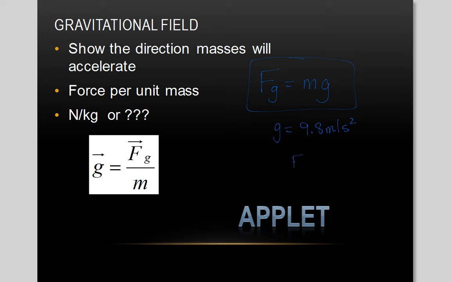But this is only if you're on the surface of planet Earth, and this is only an approximation, because depending where you are on the surface of Earth, it might be 9.82, it might be 9.80, it might be 9.79.